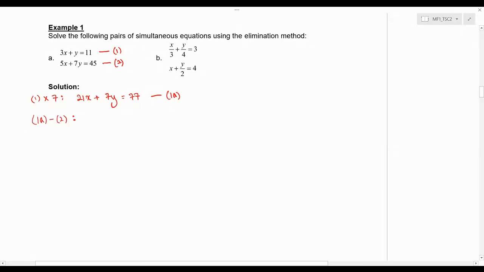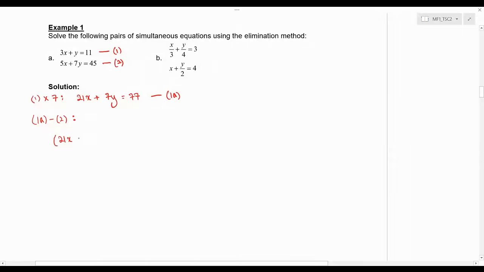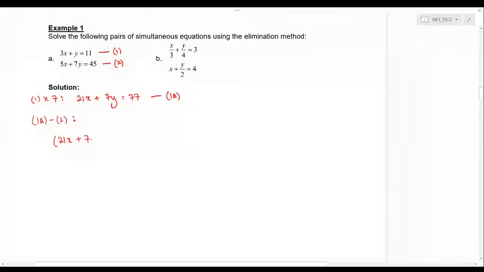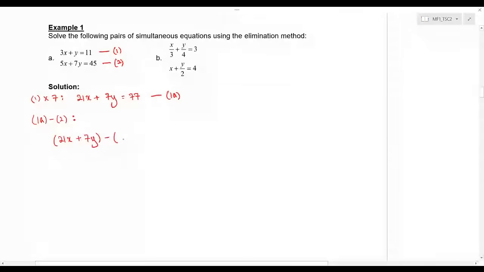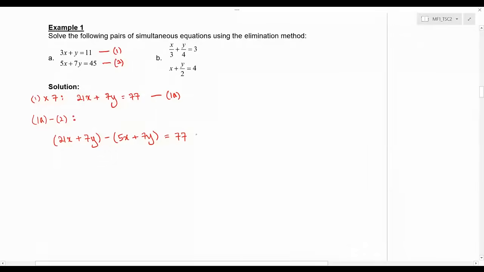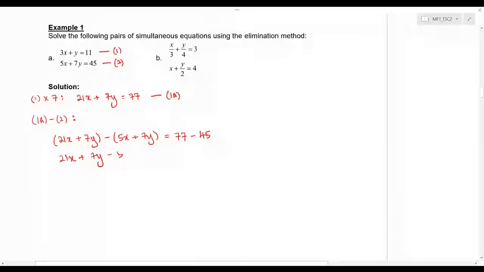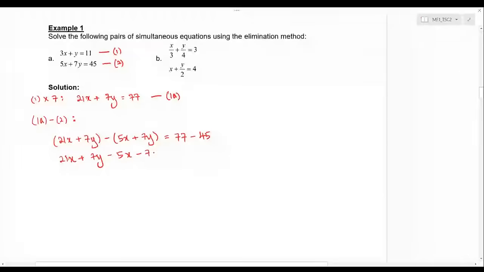The left-hand side of equation 1a is this, and I minus the left-hand side of equation 2, 5x plus 7y. On the right-hand side I maintain the same order, 77 subtract 45. If you work it out, this will be 21x plus 7y subtract 5x minus 7y, and I'll be left with 32.